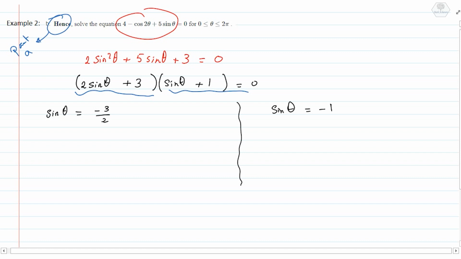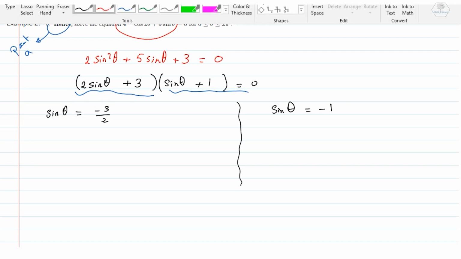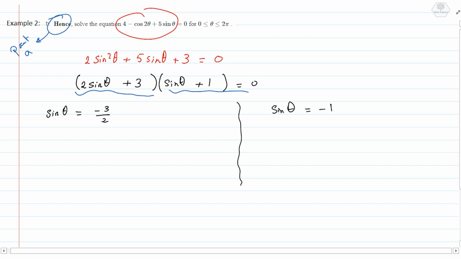Let's solve the first one and then go to the second one. But I need my answer in radians. Why in radians? Because this range, from 0 to 2 pi, is in radians.